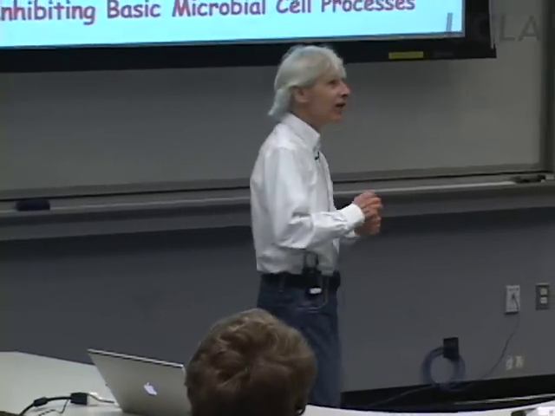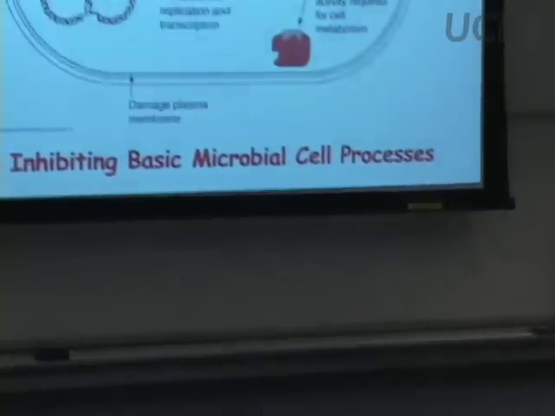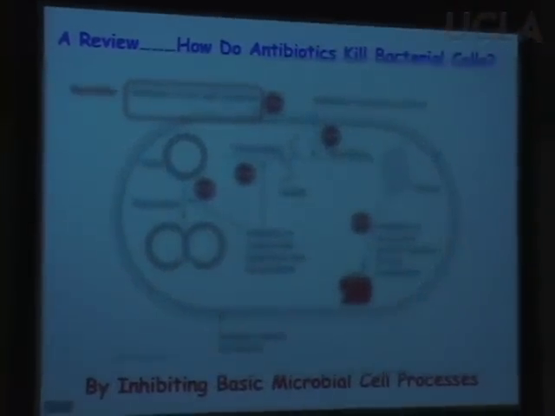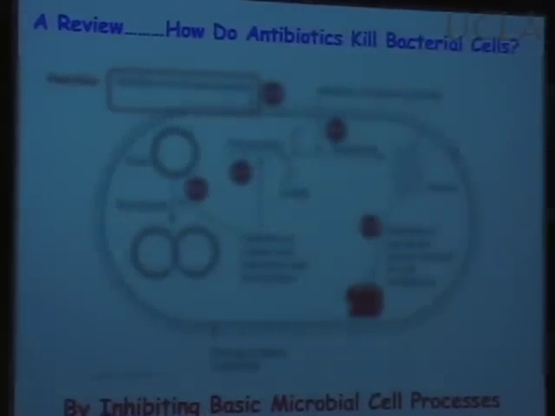And imagine living in an antibiotic-free world. We'd be in pretty bad shape, as I showed you from that curve a few moments ago. Now, I've showed you this before. It's taken from your book, and we talked about this, that antibiotics have different mechanisms of action in bacterial cells.